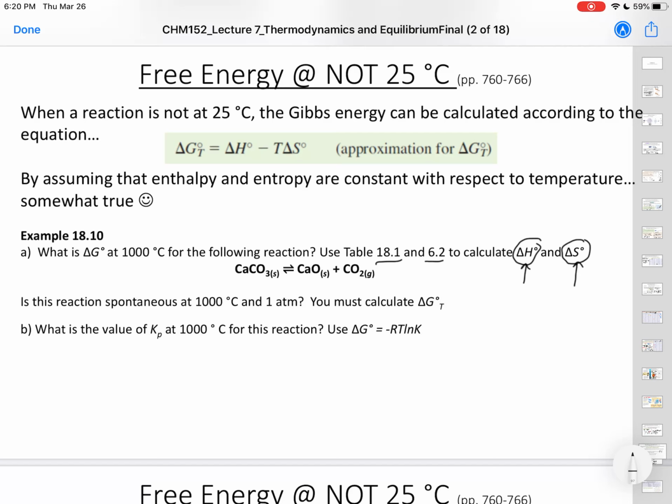And so you're just going to do the same thing. You're going to calculate delta H using products minus reactants, and you calculate delta S using products minus reactants.